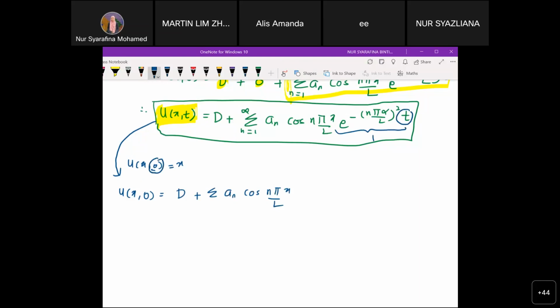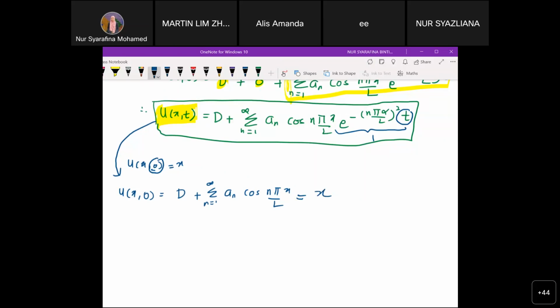So you apply u(x,0) equals x, then we have D plus the summation from n equals 1 to infinity of a_n cos(n pi x over L) times 1 equals x.